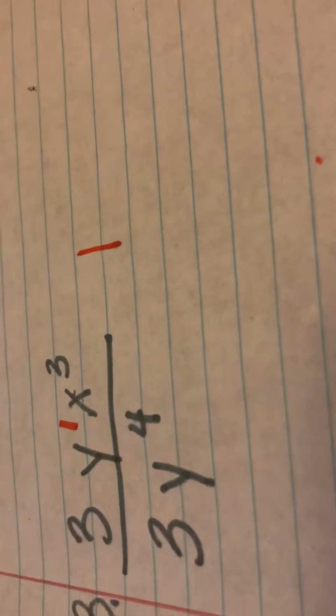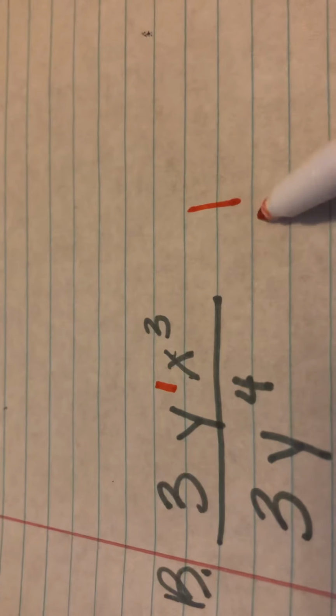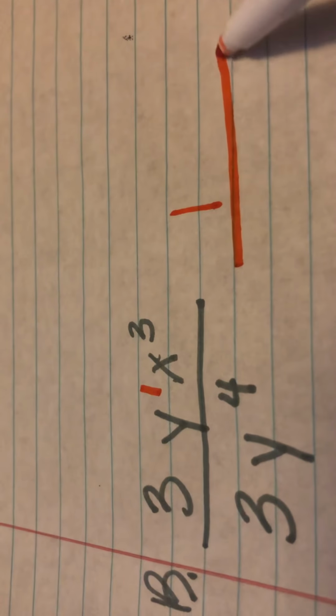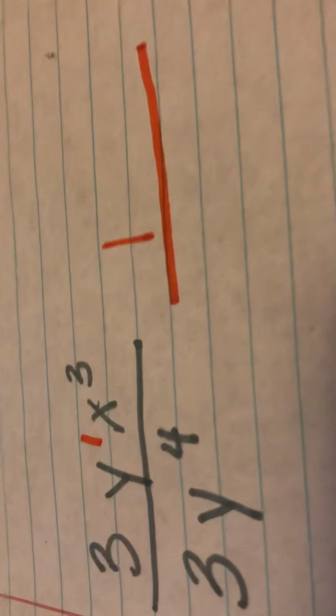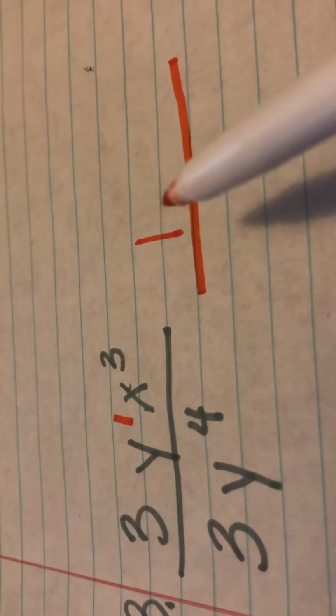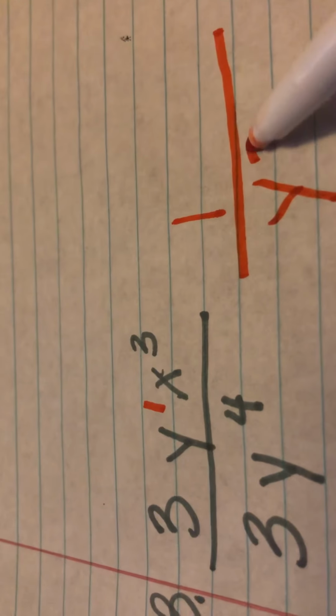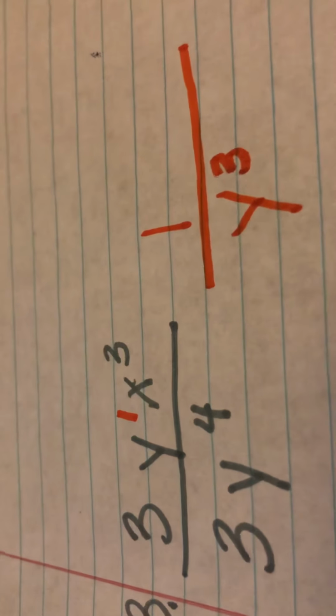So yes, 4 minus 1 is 3, but here's the thing. I have 3 more y's on the bottom than I have on the top. So the 3 y's are going to stay on the bottom.